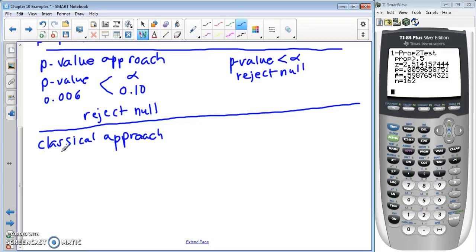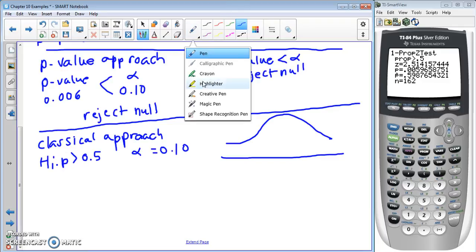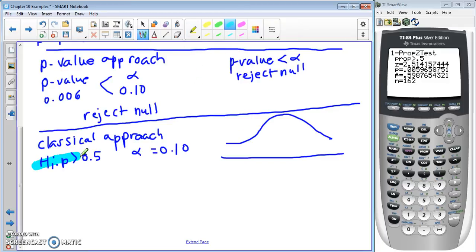So again, we want to draw our region. Our alternative here was that p was greater than 0.5 and alpha is 0.1. So again, let's draw our region. We just have one critical region and we're dealing with a right-tailed test.